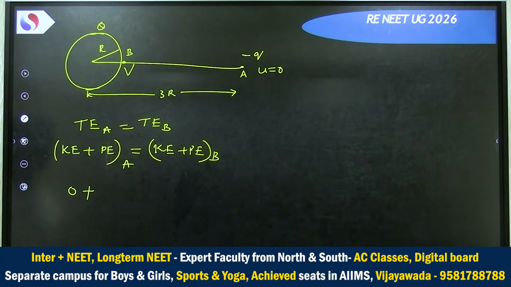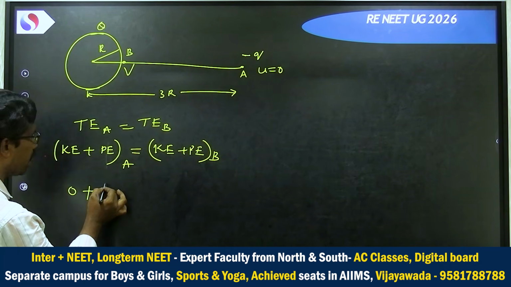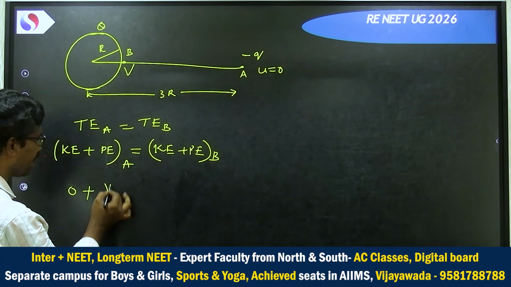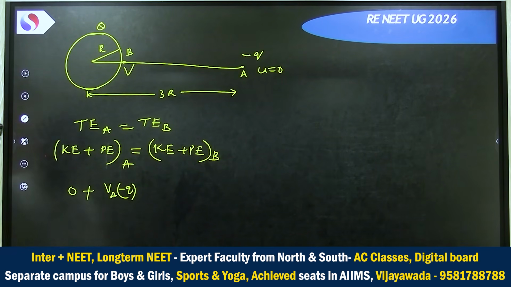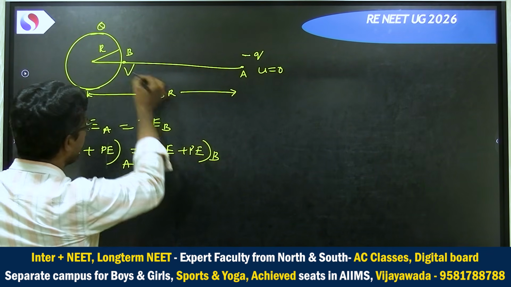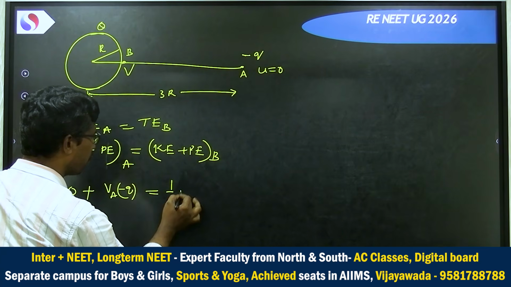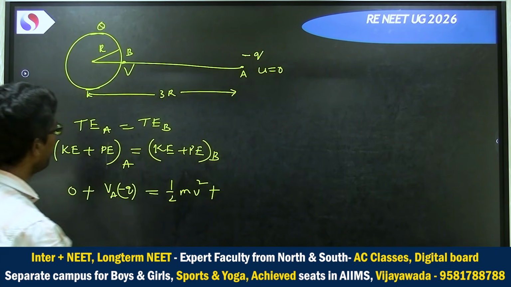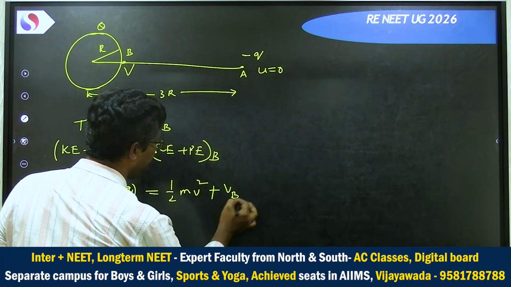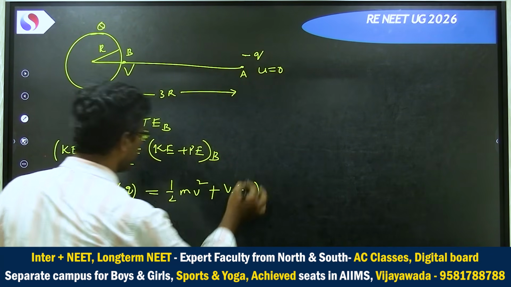Here the potential energy is nothing but potential into charge. That potential at A into this negative charge minus q is equal to, here the kinetic energy is half m v square plus potential energy, potential at point B into charge q.